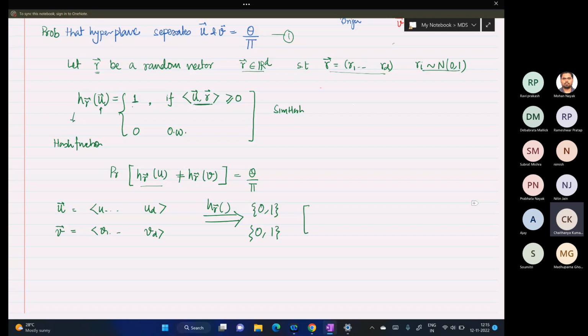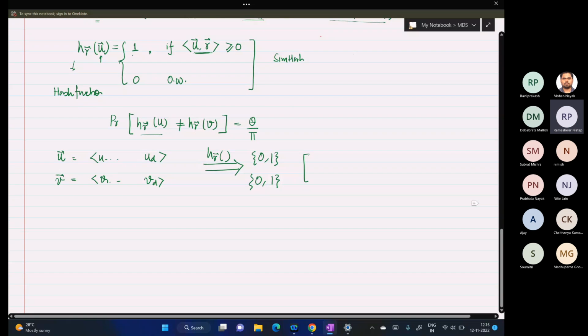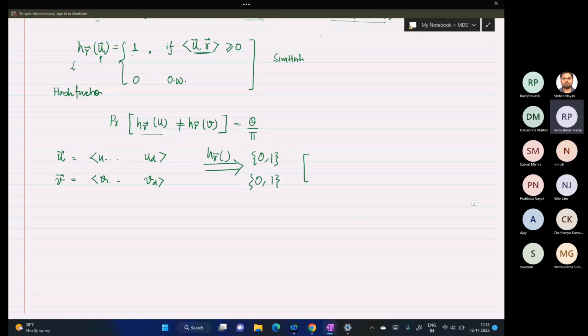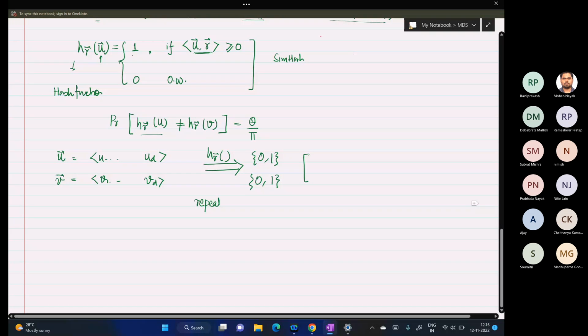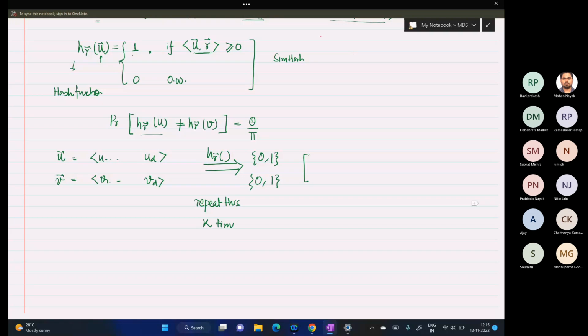Okay. So what we can do is choose several such hash functions and repeat this process, maybe k times. So what do we get? Our input is the same, so we'll get a binary vector of size k.